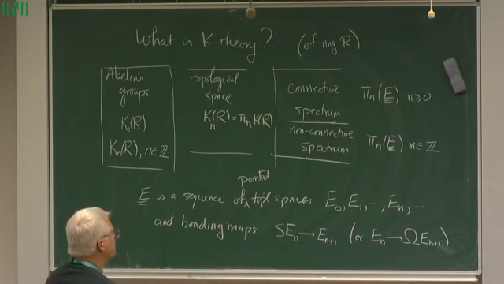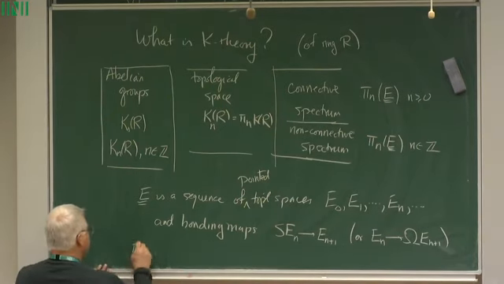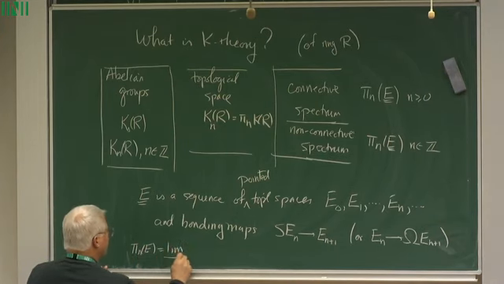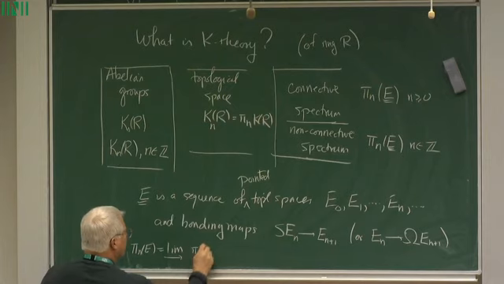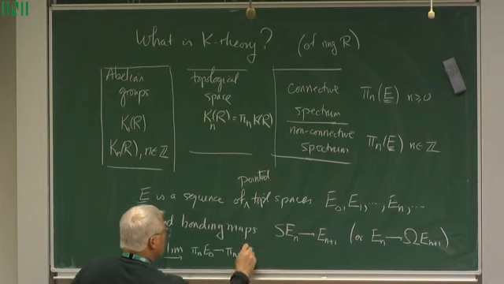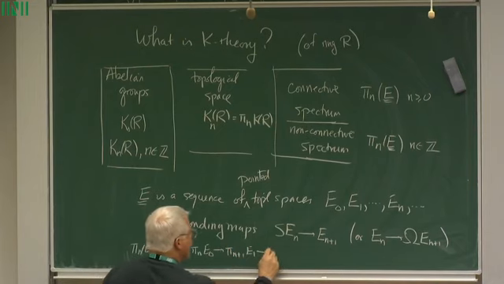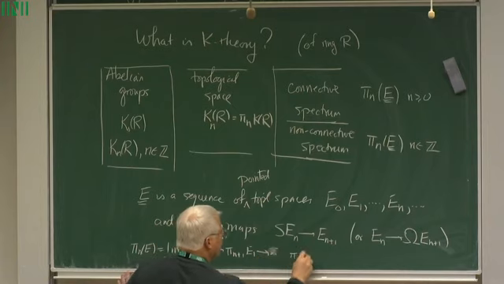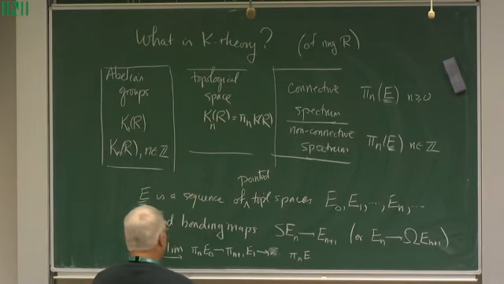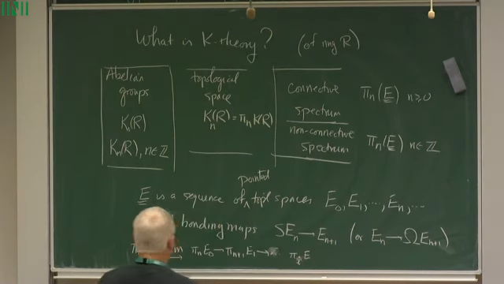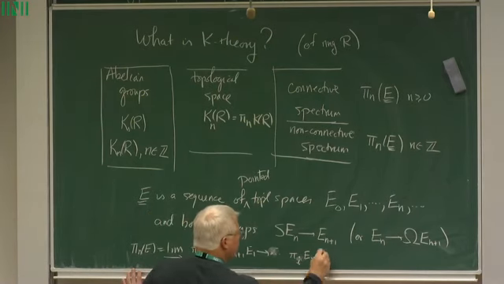So one can think of this either way, and then the pi_n of E is a direct limit of pi_n of E_0 to pi_{n+1} of E_1 to, dot, dot, dot, pi_i of E_{n+i}.